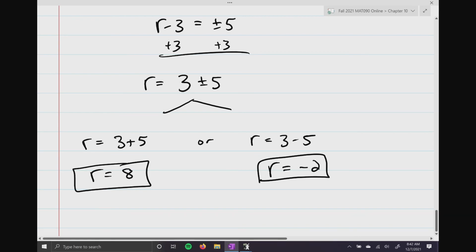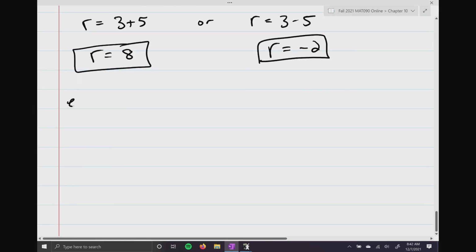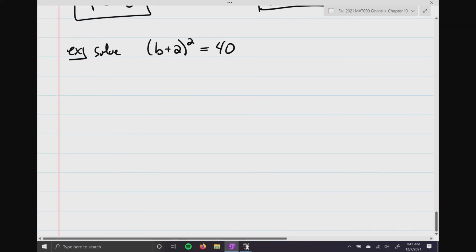Now sometimes we're not so lucky, and what I mean by that is with this problem right here. Once again, our quadratic term is isolated, so that's good.